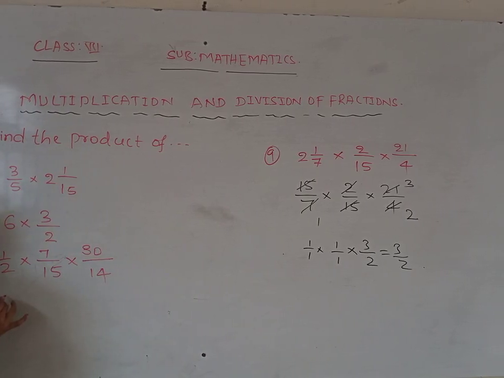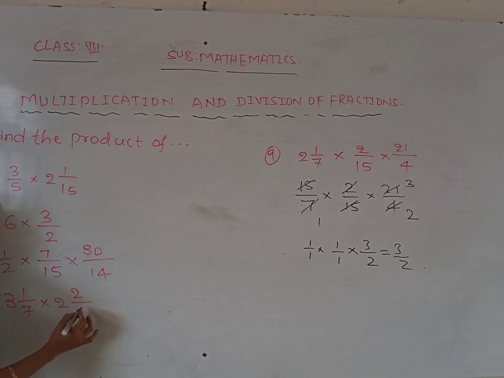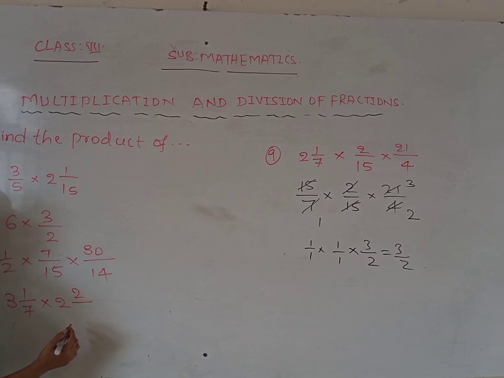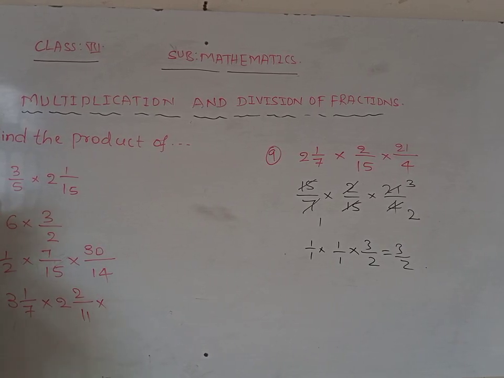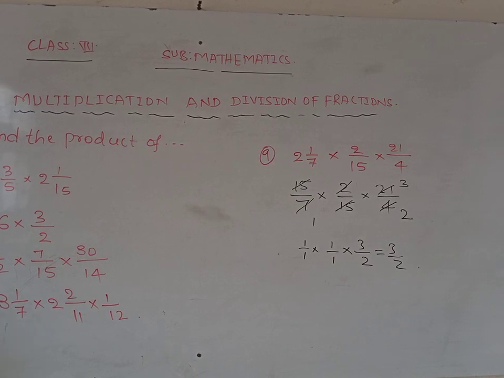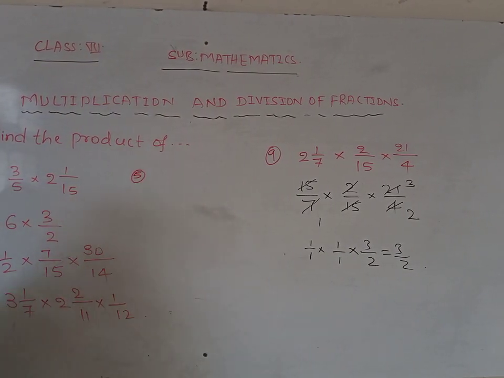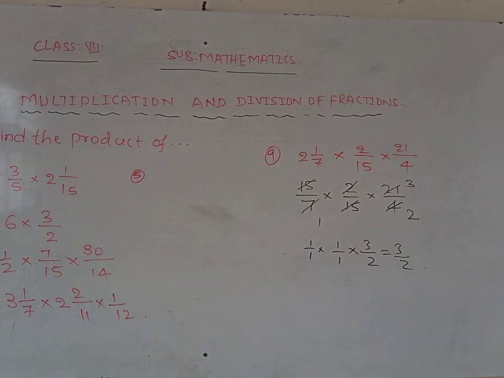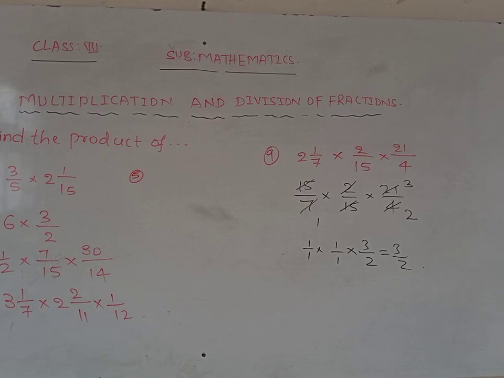Next one, 3 integer 1 by 7, 2 integer 2 by 11 into 1 divided by 12. Next one, how many? Please take first.